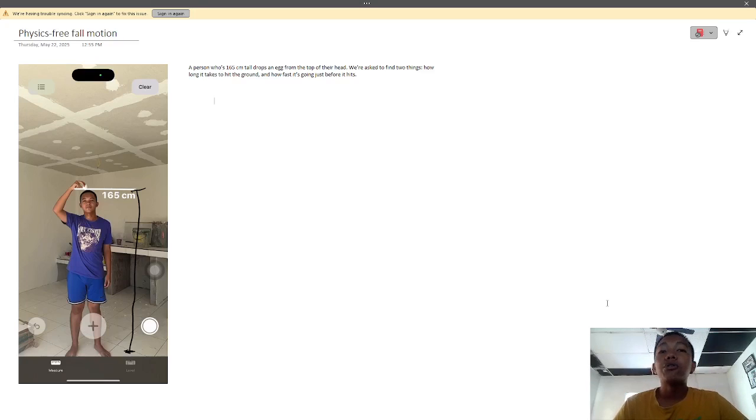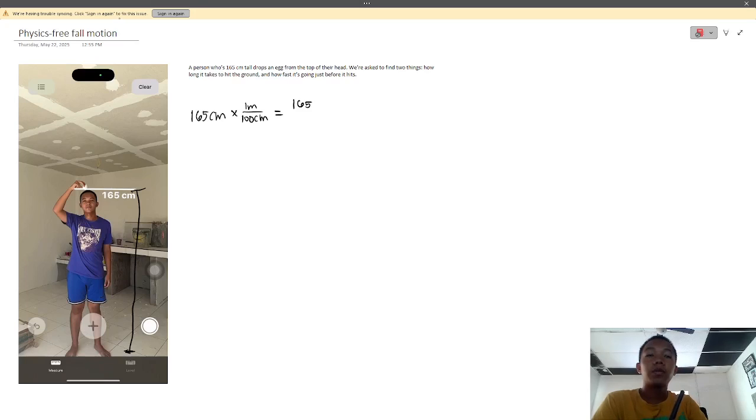First, we convert the height to meters. 165 cm equals 1.65 meters.